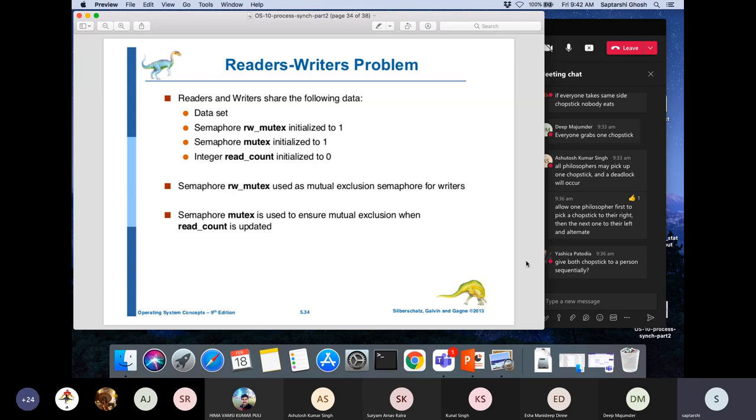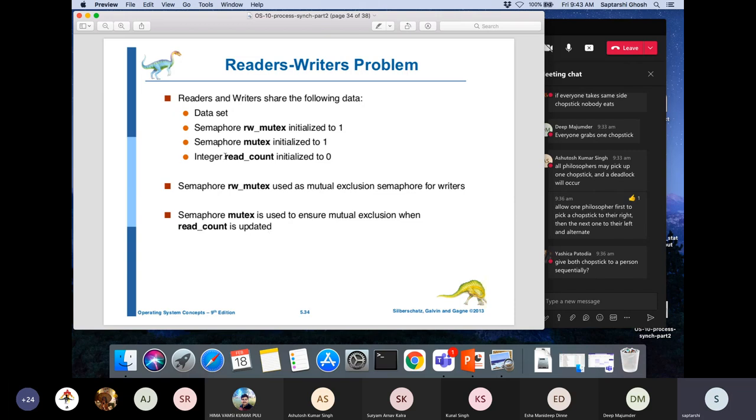But writers need mutually exclusive access. Therefore, this RW mutex is used as the mutual exclusion semaphore for writers. Readers don't need any such mutex because the critical point is the writers, when a writer needs mutually exclusive access, not the readers.